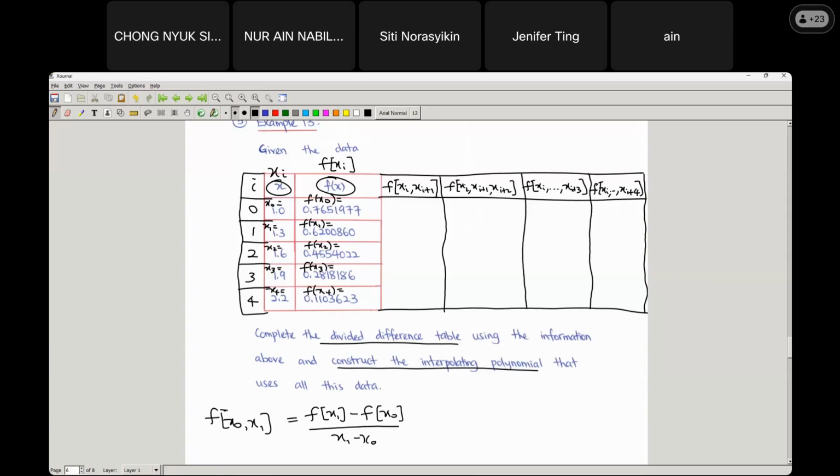So we take the value of this one minus this one, divided by this one minus this one. I actually obtained negative 0.48.